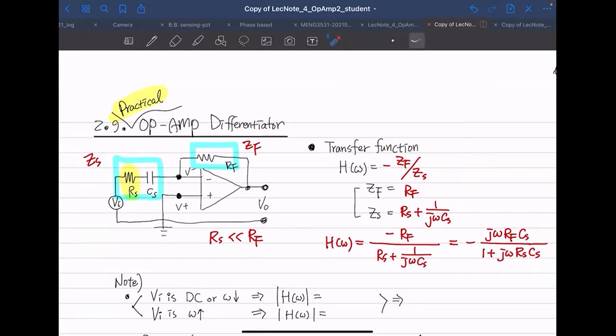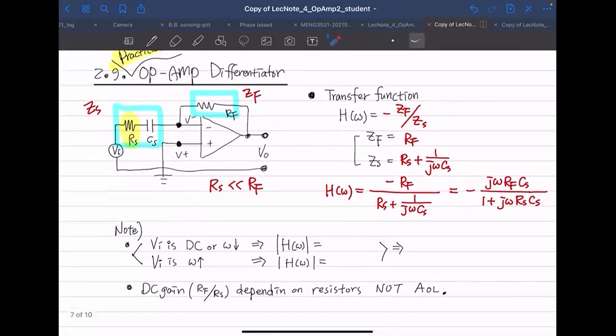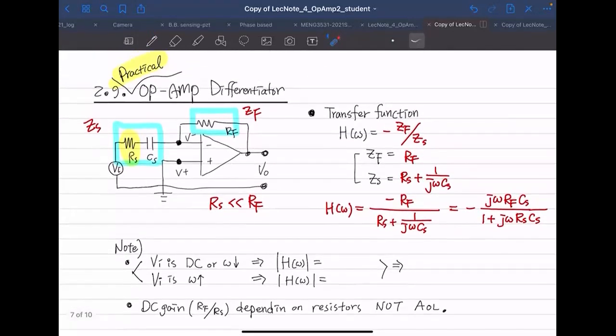So with this practical op-amp circuit, one more time, if we do the frequency analysis for the extreme cases, if our input were DC or very small frequency input, in other words, this is 0, then what's going to be this output over input ratio?